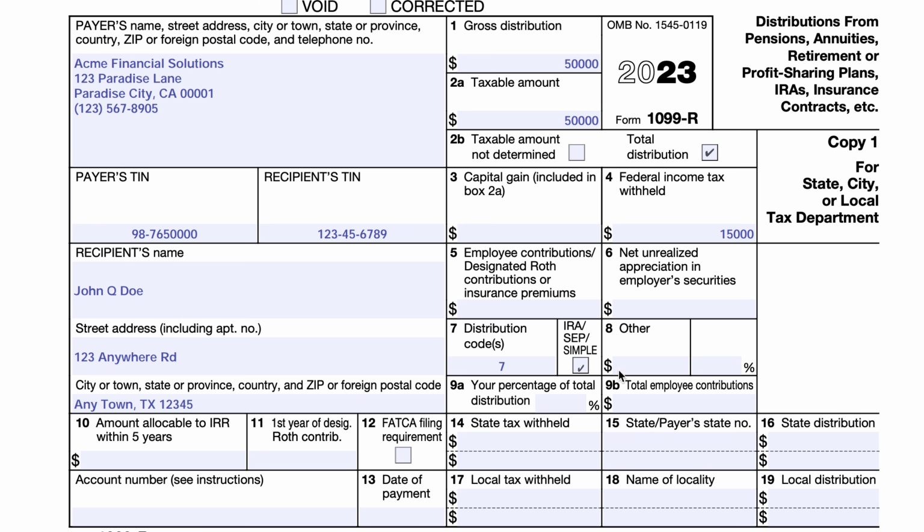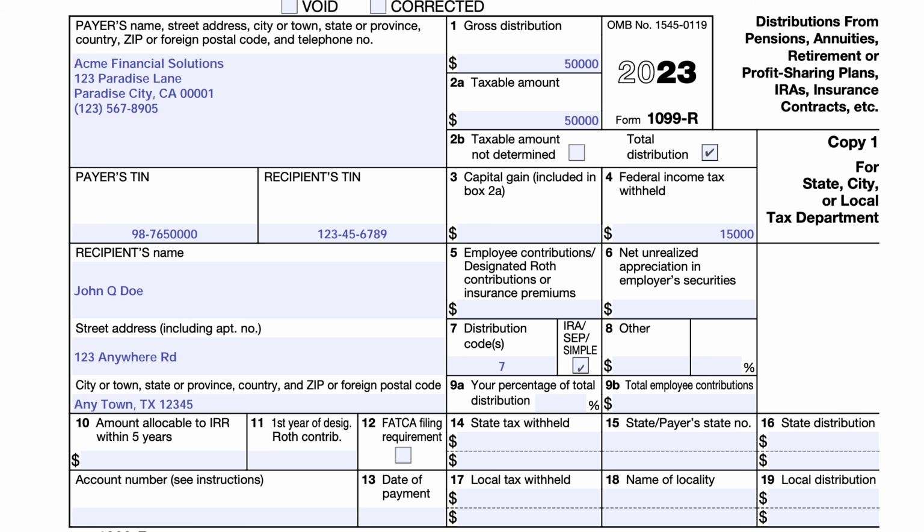For box 9A, if this was a total distribution and it was made to multiple people, then you would see the percentage of the total distribution that you received as opposed to another party. So let's just imagine that John received 50% of this. Then someone else's 1099-R should show the other 50%.